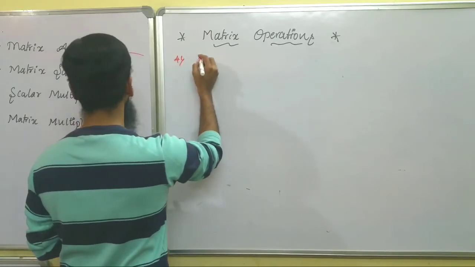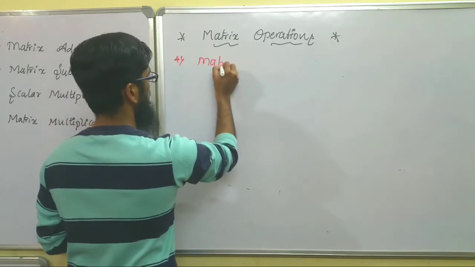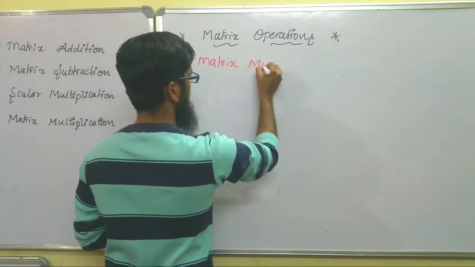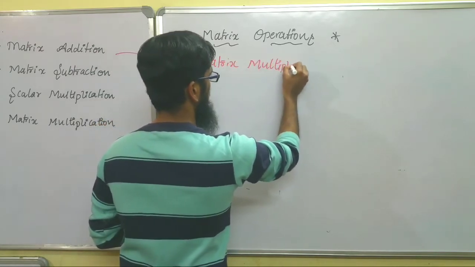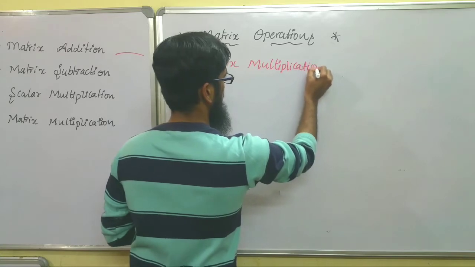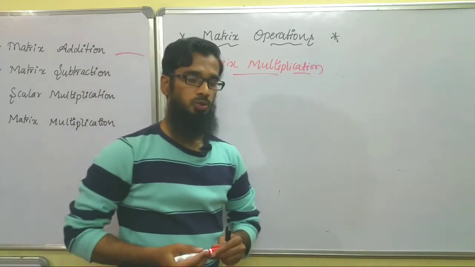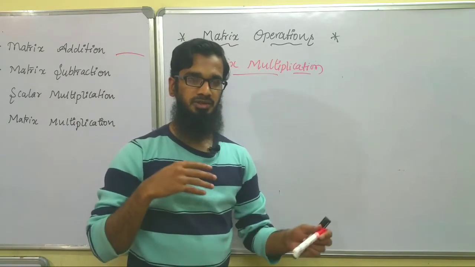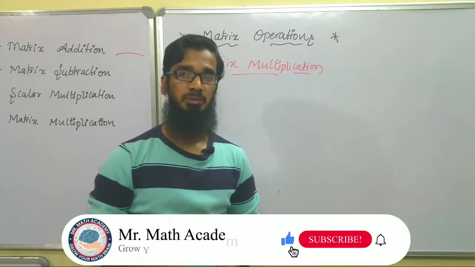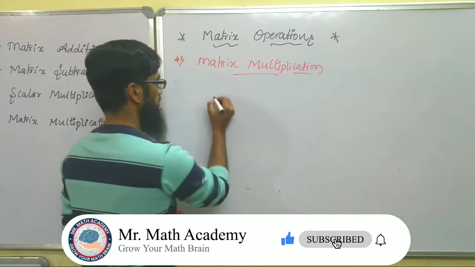Now this is the last one, matrix multiplication. Matrix multiplication is possible only if the matrices A and B satisfy the compatibility condition.